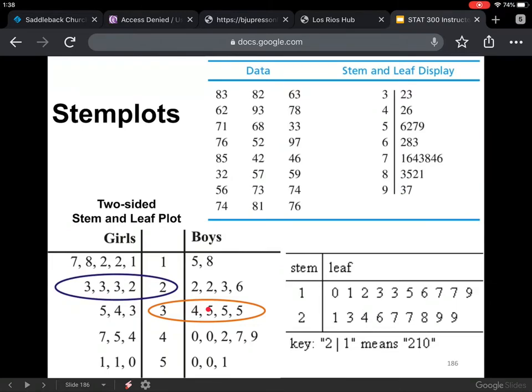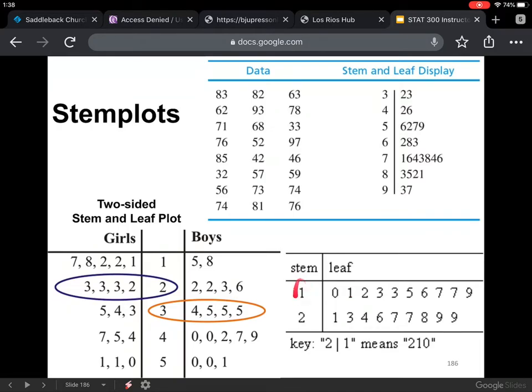So in this last case here, this 1 and 0, think about this, if 2 vertical bar 1 stands for 210, then this 1 vertical bar 0 stands for 100. And so we have 100, 100, and if we get 1 here, 101, and so forth. So, excuse me, let me rephrase that.